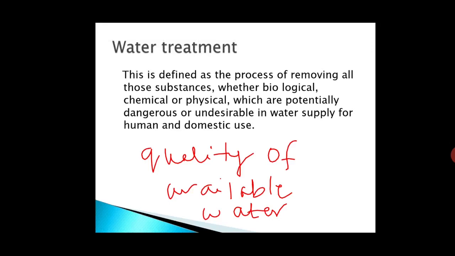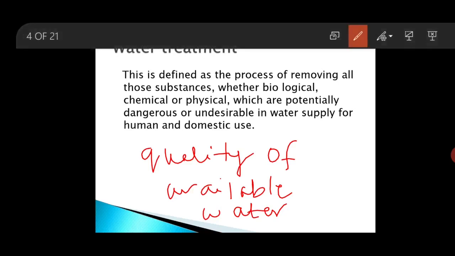Water treatment is defined as the process of removing all those substances, whether biological, chemical or physical, which are dangerous or undesirable in water supply for human and domestic use.